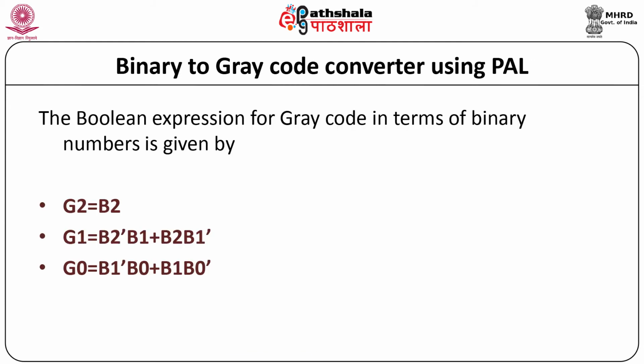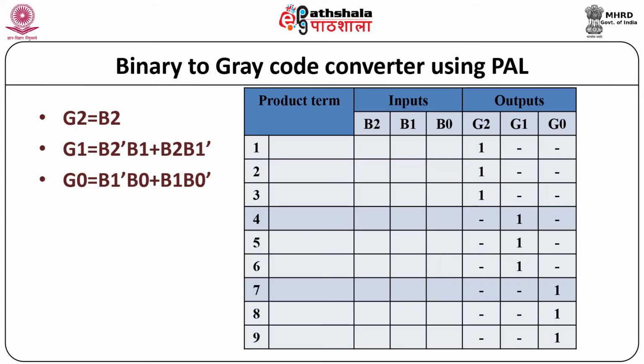The correlation between gray code and binary code can be obtained from the conversion table. The Boolean expression for gray code in terms of binary numbers is given by G2 is equal to B2, G1 is equal to B2 bar B1 plus B2 B1 bar and G0 is equal to B1 bar B0 plus B1 B0 bar. Let us prepare the programming table.